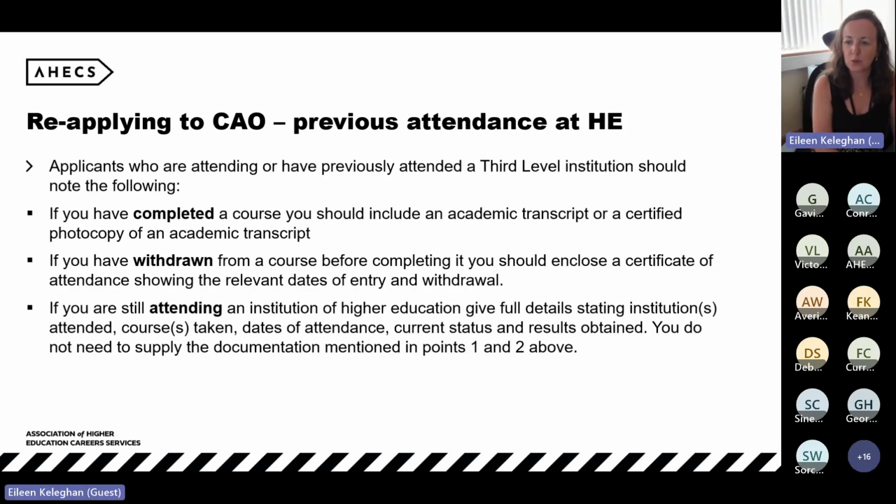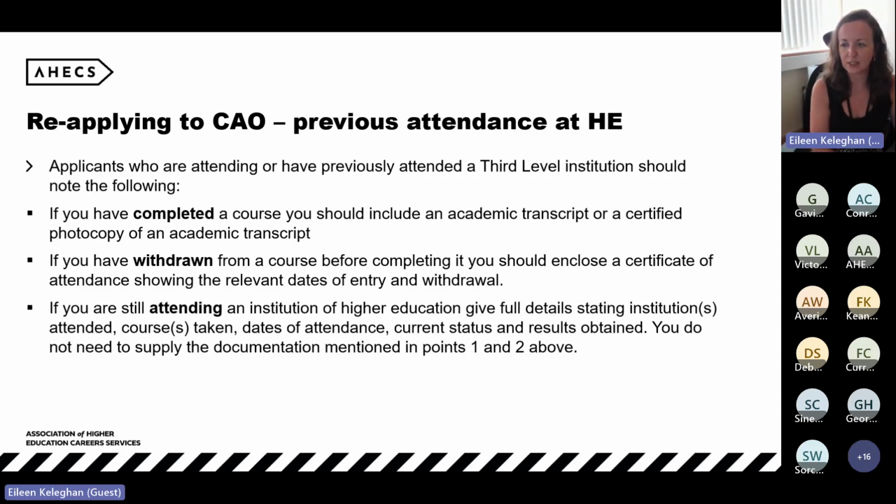So for those who have completed a course, they should include an academic transcript or a certified photocopy of an academic transcript. If they've withdrawn from a course, regardless of how long they spent, they need to inform us of that. So they should enclose a certificate of attendance showing the relevant dates of entry and withdrawal.